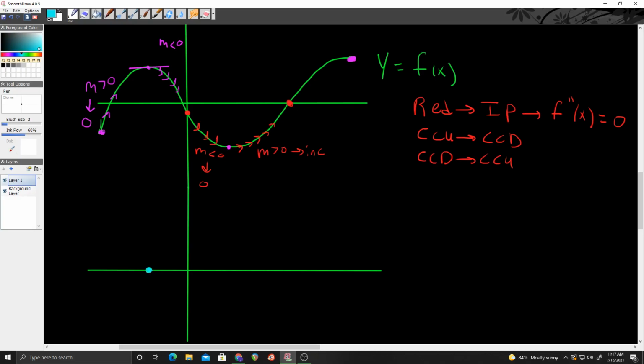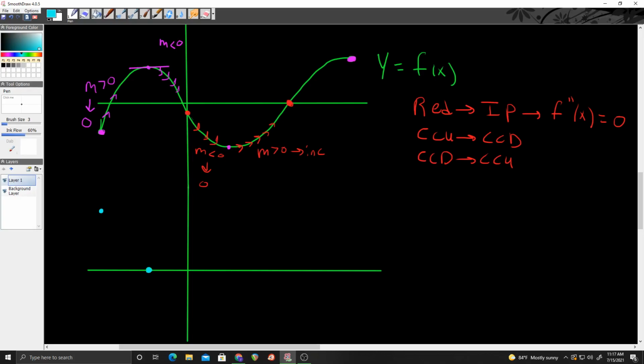And once again, we're steepest here, and so this function will be most positive here. And then what happens after that? After that, the derivative starts to become negative, and then here the derivative is most negative, and this is where the slope starts to turn around.